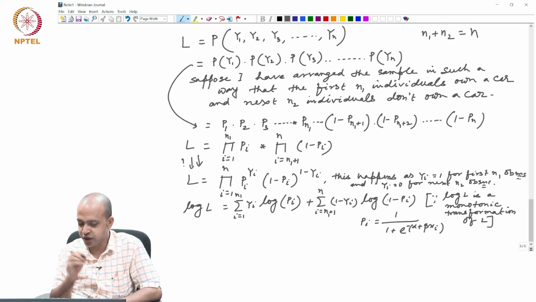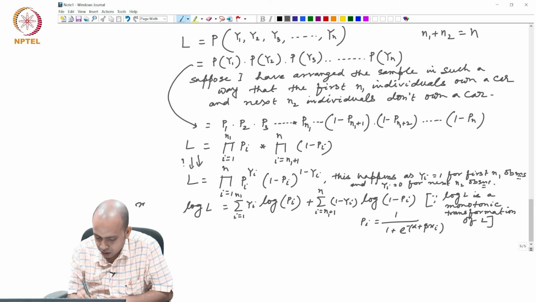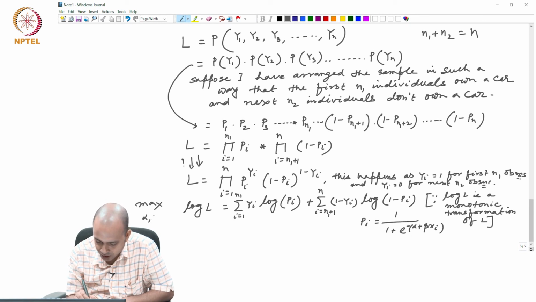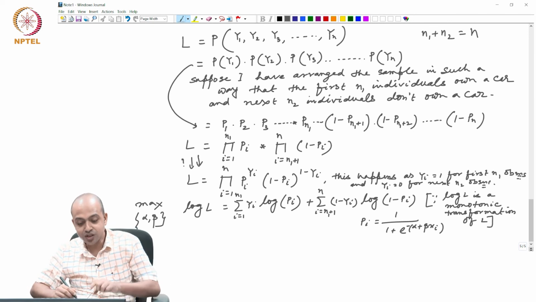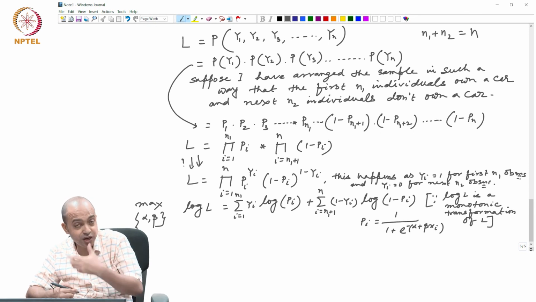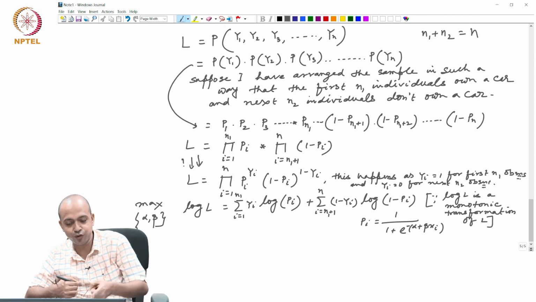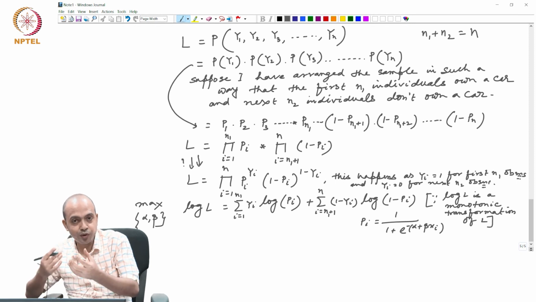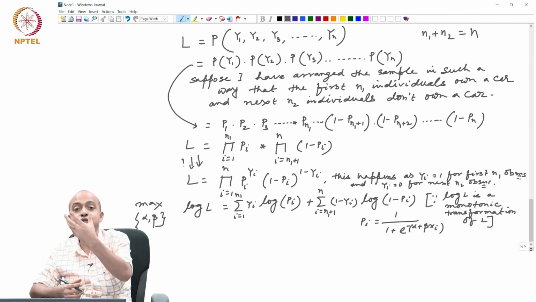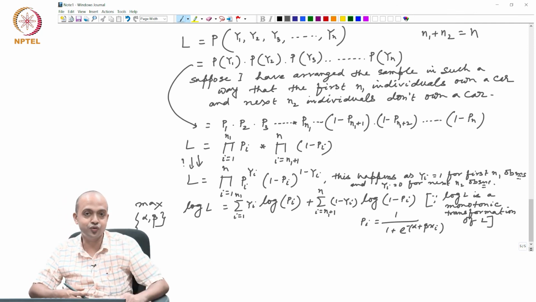So, you can substitute pi here and then you are trying to maximize this with respect to alpha and beta, right. So, that means I am trying to maximize this with respect to alpha and beta. So, I want that particular set of alpha and beta that will maximize my likelihood function, and this likelihood function is basically the probability of observing that particular sample in which out of 15 individuals 5 individuals own a car.